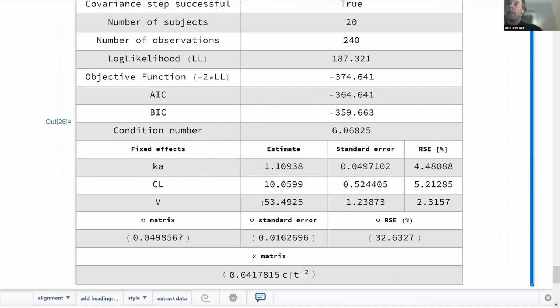But maybe the most interesting, or where you look first, is the estimates here. The values used to generate the synthetic data were 1, 10, and 50, and we see here we are quite close. Of course, the noise makes it so that we will never land on the exact values. They also have quite small relative standard errors, a few percent away from the values as such.